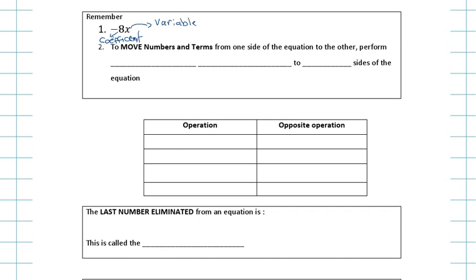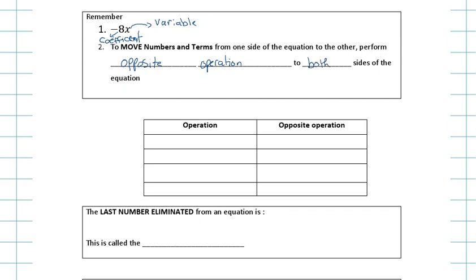Alright? So when you have an equation, you're moving numbers and terms from one side of the equation to the other. You need to perform what we call opposite operation, okay? We talked about that yesterday as well, to both sides of the equation.